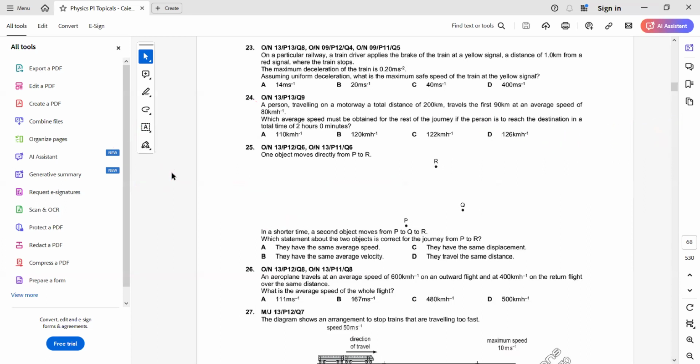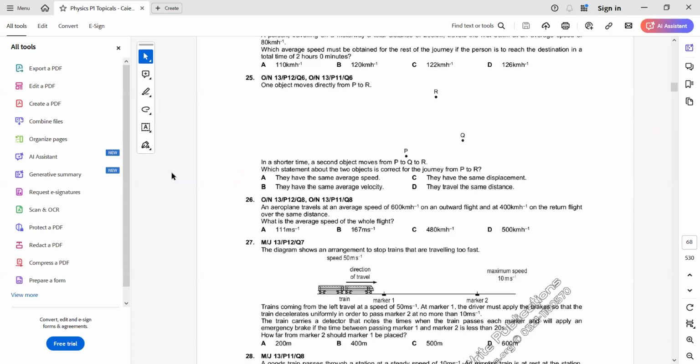Question number 25 says that one object moves directly from P to R. Okay. Let's move this directly from P to R. Then what happens?